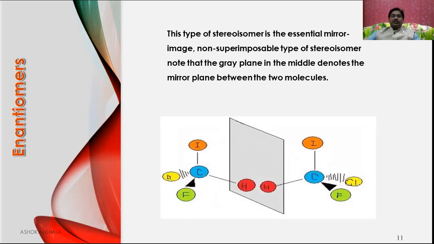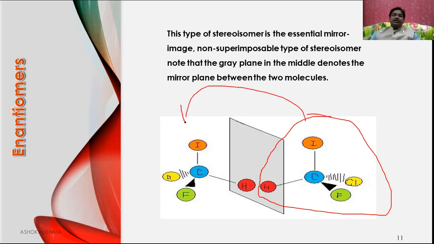See, this is going to be the mirror. And this is one type of molecule, iodine, chlorine, fluorine, and hydrogen. This is another molecule. This is the mirror image of this one. Then assume that this entire structure is placed over this one.